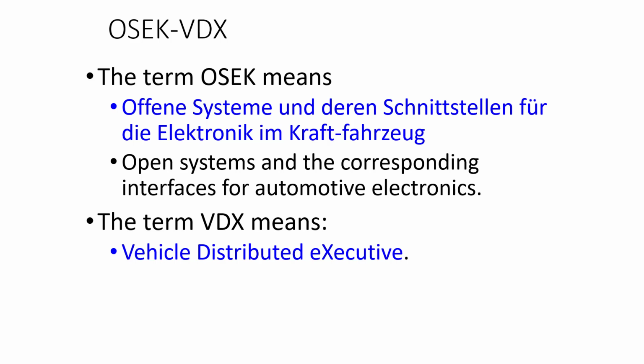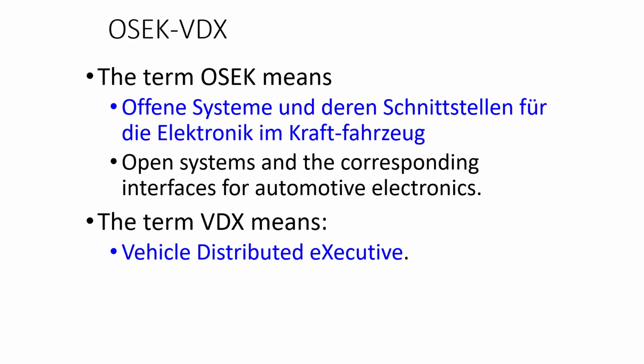Let's now look at another important operating system called OSEK VDX. So this was an open system. OSEK is German for open system, as you can see. I don't understand it, but this is what it means. So it was open for automotive electronics primarily because cars these days have a lot of processing units that are connected.